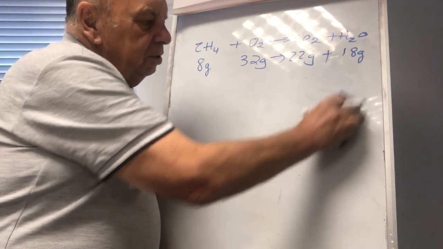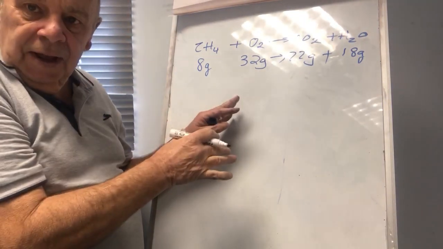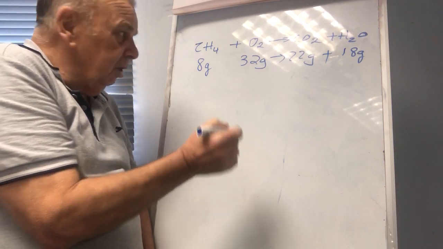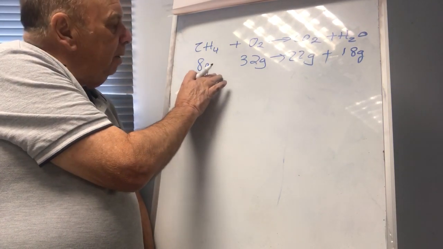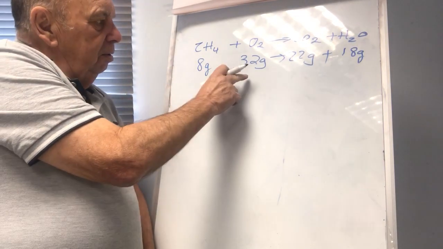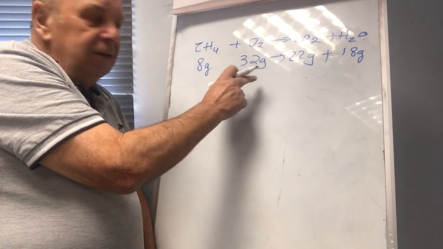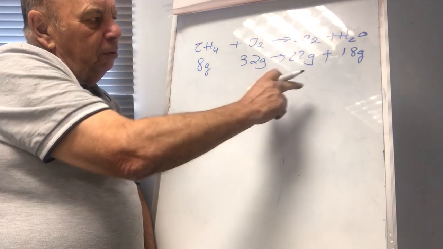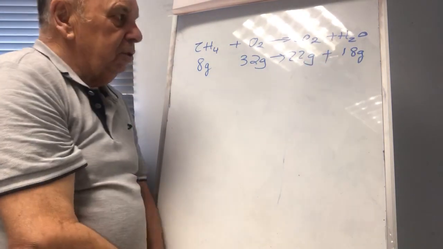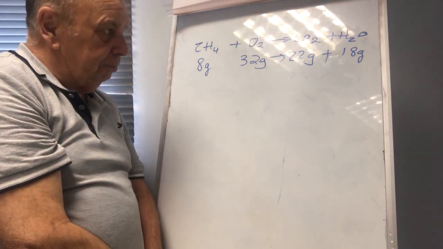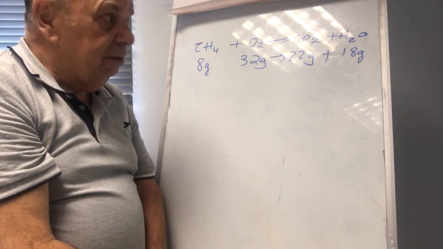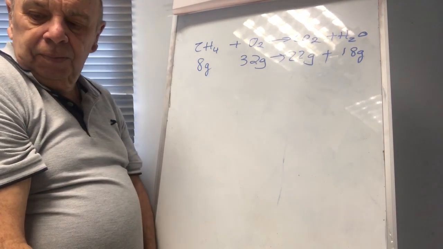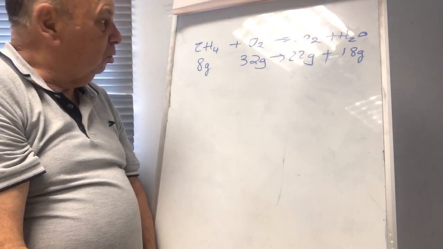What I'm going to say here is I've done that experiment in which I took 8 grams of methane gas, burnt it or reacted with 32 grams of oxygen, and the products were 22 grams of carbon dioxide and 18 grams of water. Let's calculate the number of moles.